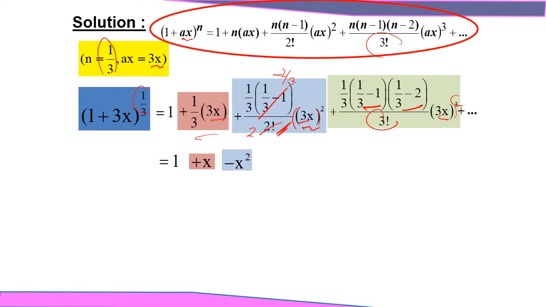Okay, the fourth term: 1 over 3, then negative 2 over 3, then negative 5 over 3, and divide by 3 factorial, which is equal to 6. If I do this in an examination, what I should do is simplify each part of the bracket first, then put in your calculator 1 over 3 in a bracket, multiply with negative 2 over 3, multiply with negative 5 over 3.